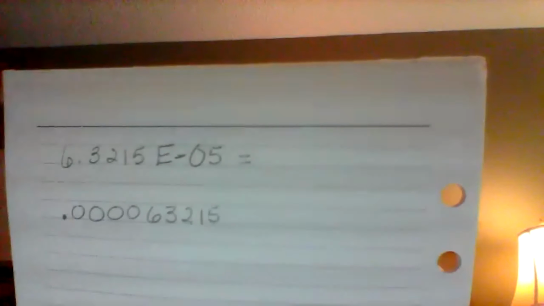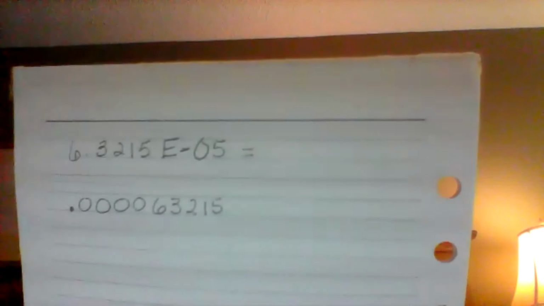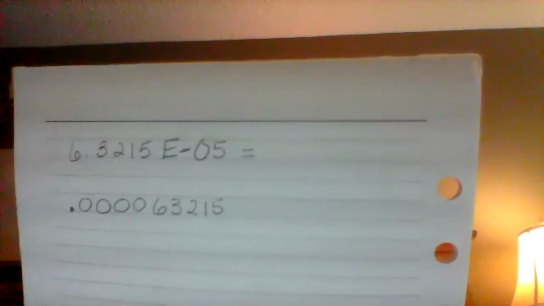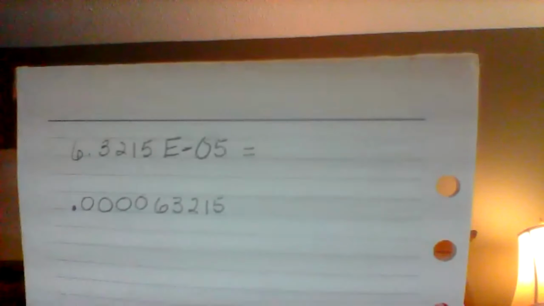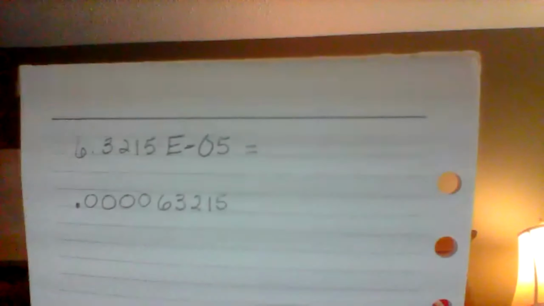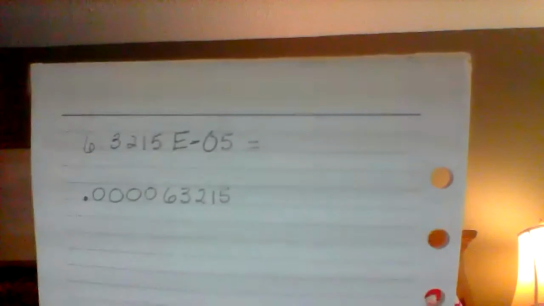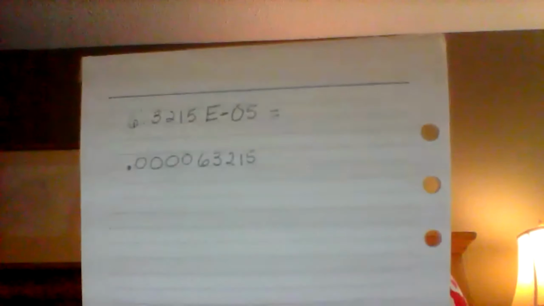So the 5 there represents 5 decimal places to the right of the decimal. And if it was a plus, it would be 5 to the left of the decimal, which would make it a larger number. But with these, it's always going to be some small number.